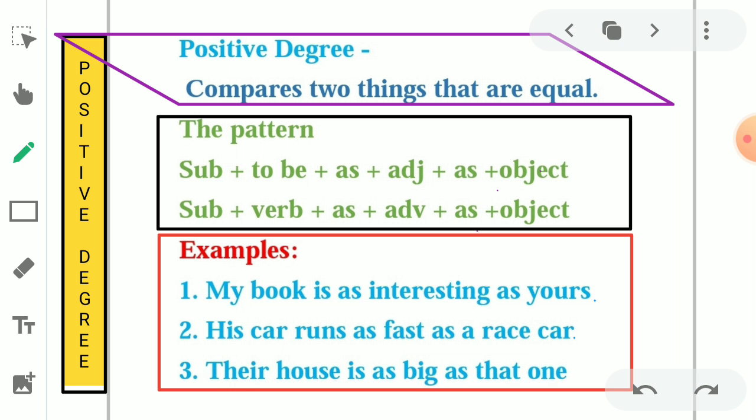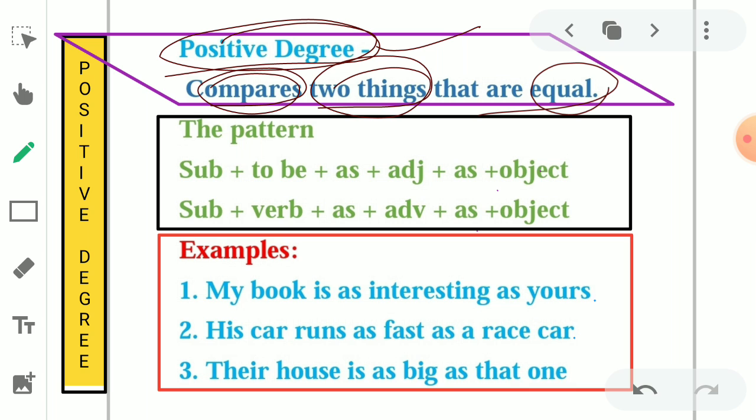The first one is positive degree. How is positive degree framed and why should we use it? Positive degree compares two things that are equal.